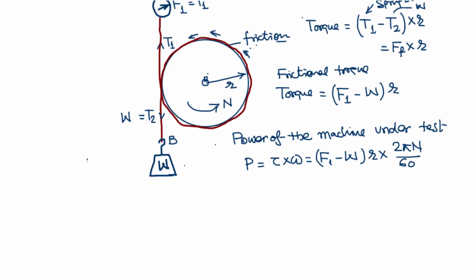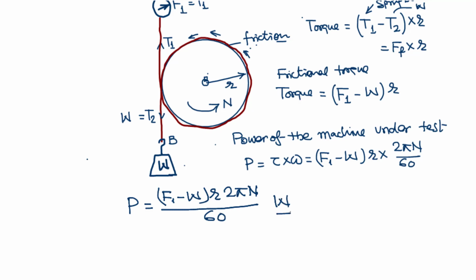Then power P equal to F1 minus W into R into 2 pi n upon 60 watt. This is power measured by rope brake dynamometer.